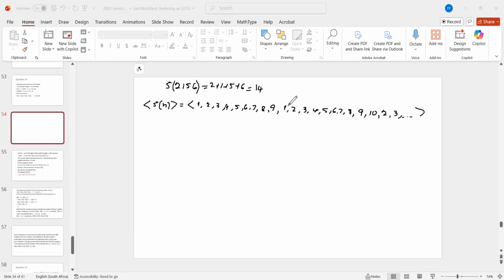From 9 it jumps to 10, and from 19 to 1. There are some difficulties when you move from 19 to 20, 20 to 21, 29 to 30, and so on. Okay, let's not worry about that for the moment.